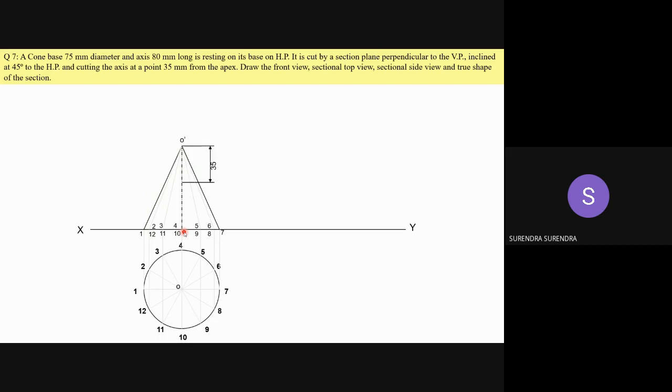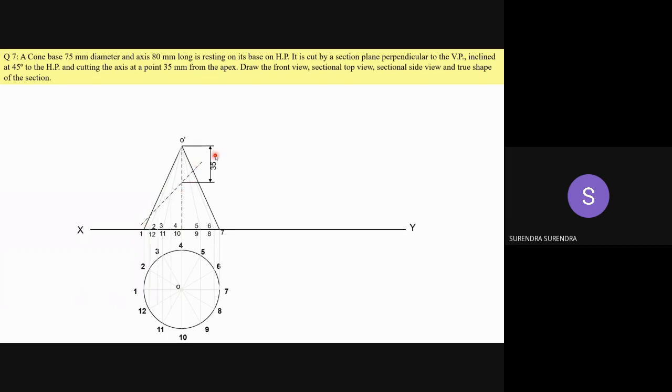Next, mark a point at a distance of 35 mm from the apex, and passing through this point at an inclination of 45 degrees, draw the cutting plane.